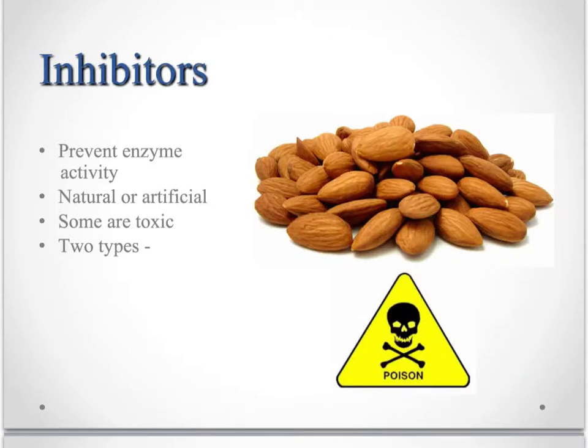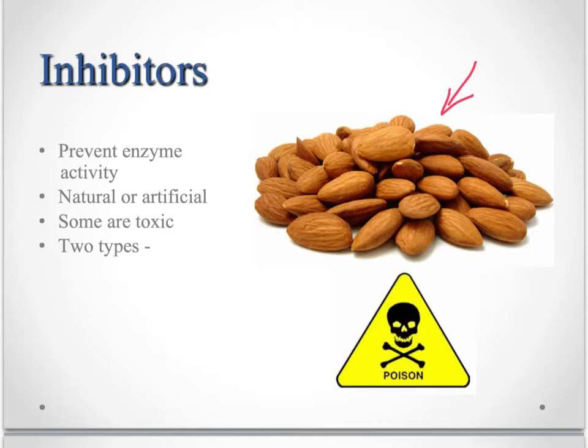Alright, so what can inhibit enzyme activity? There are various things in the natural world and in the man-made world that will do that. Many things like the brown husks on these almonds contain chemicals which inhibit the enzymes that allow the almond to germinate.